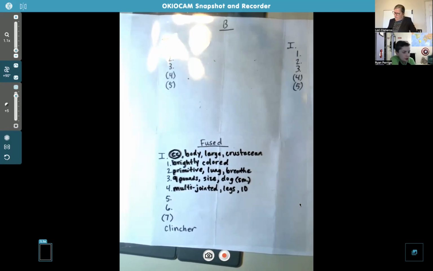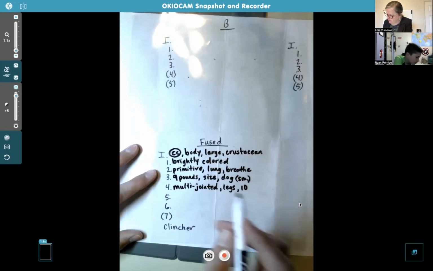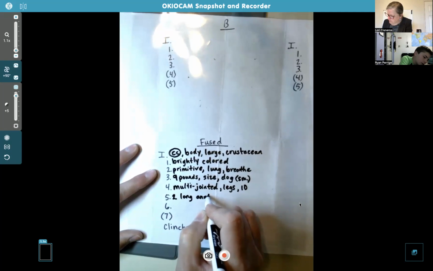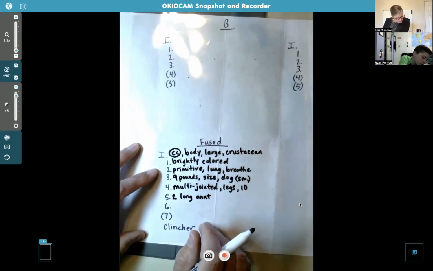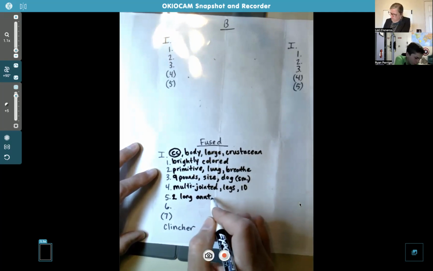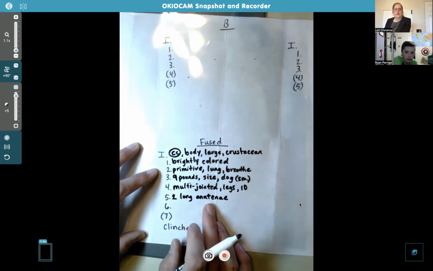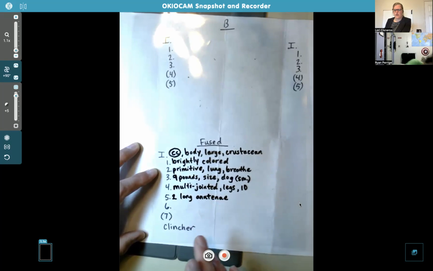It has 2 long antennas. Okay, 2 long antennas, is that what you said? Yeah. Antenna, does that have 2? I think it has 2 ends. Is that right? How do you spell antenna?